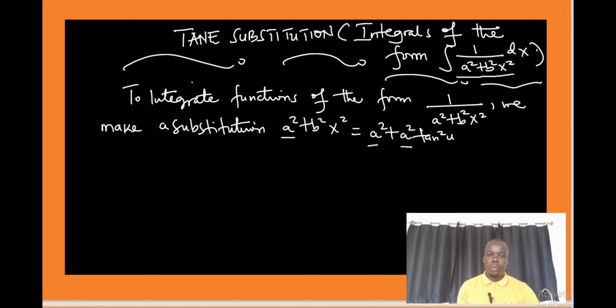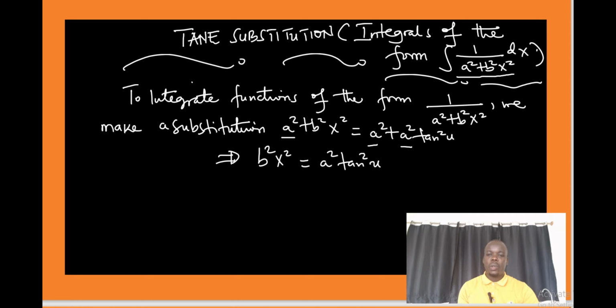So that is going to be the basic trick here. When you compare these two expressions on the left and on the right hand side, a squared can easily cancel. We remain with b squared x squared equals a squared tan squared of u.